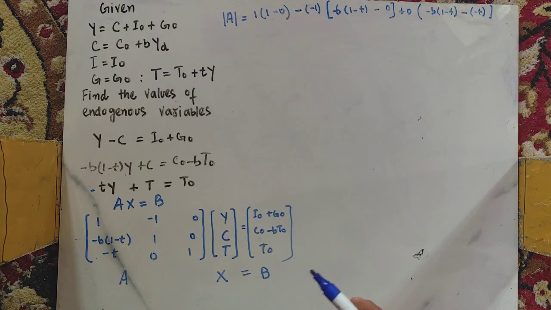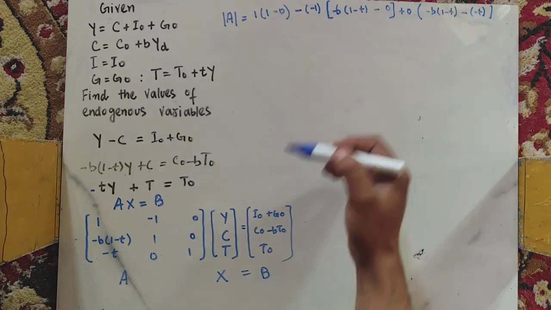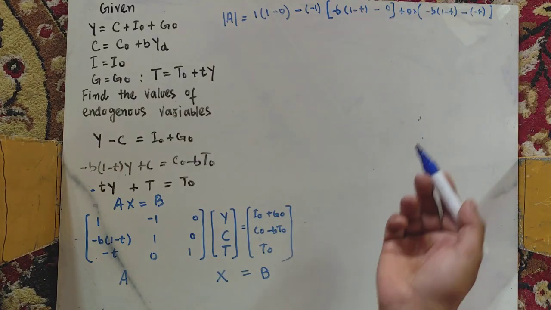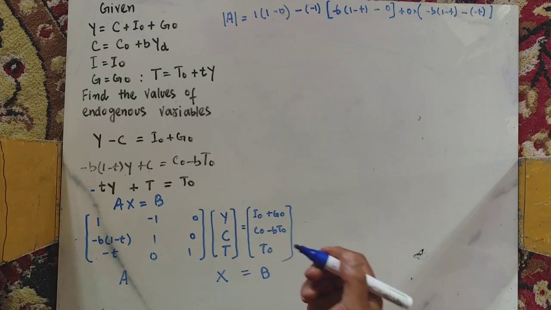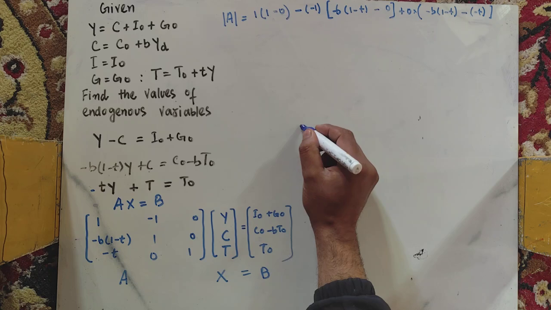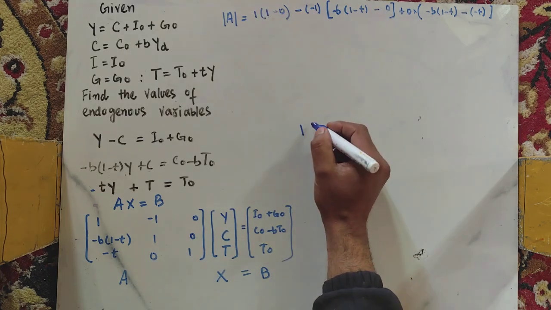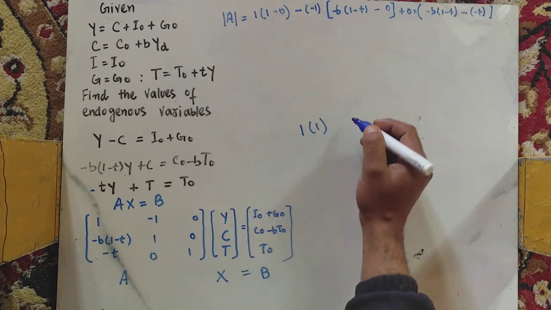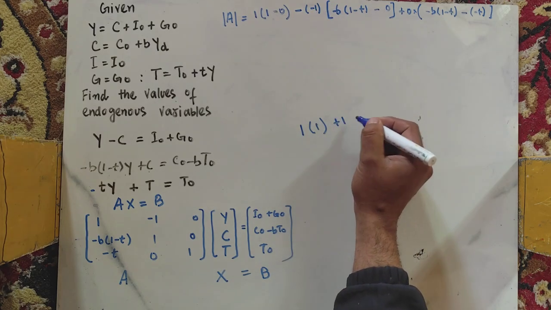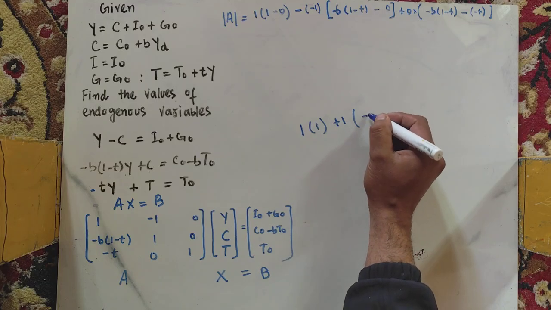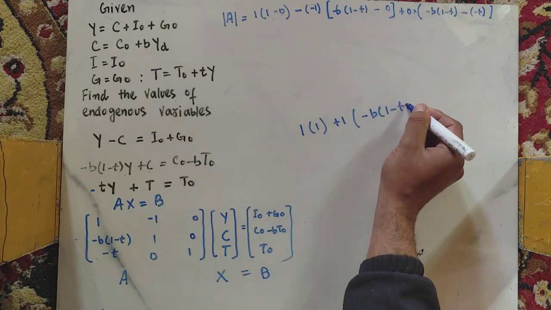Ideally we don't need to write this, since we have 0 here, and 0 times any determinant will be 0. But for the sake of simplicity I was trying to write it, so let us solve it. We have 1 minus 0 is 1, then minus into minus is plus 1, so we get plus 1 times minus b, 1 minus t.